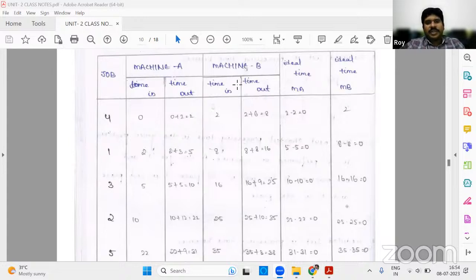Next mission B, time in, time out. And idle time on mission A, idle time on mission B. These are the headings you need to keep.